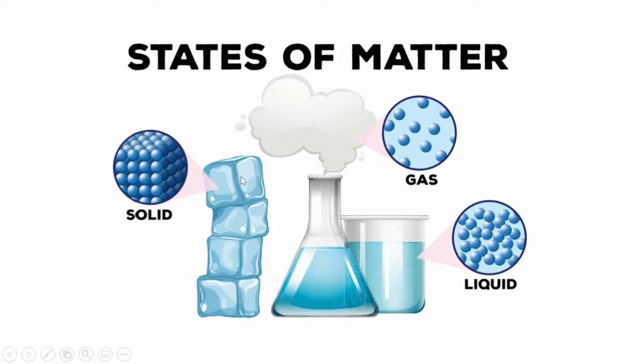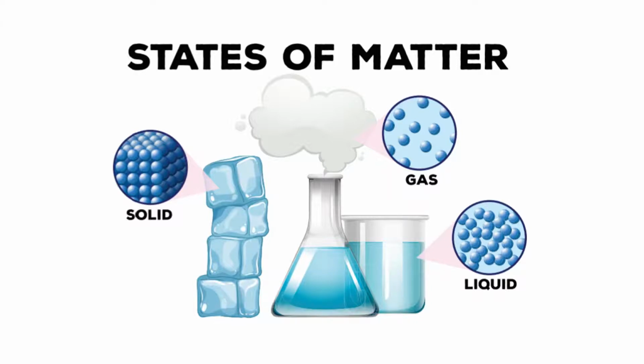The gas has no definite size, shape, or volume, and will eventually fill the whole space it is in. The liquid takes the shape of its container, but we can measure its volume.